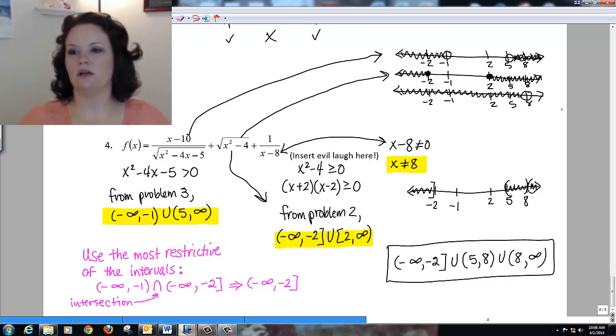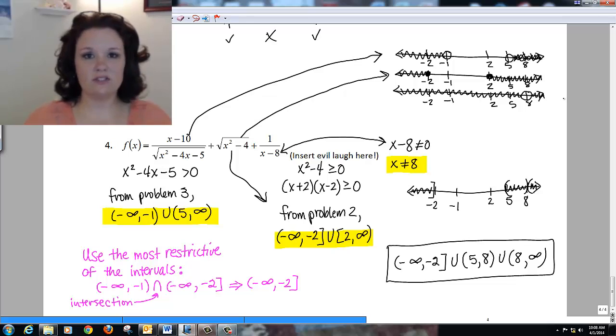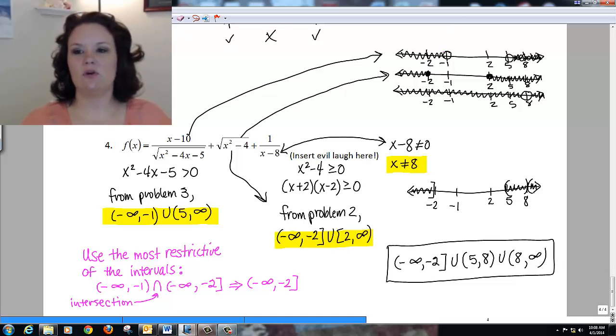Notice what we're really doing is we take the solutions for each of the 3 parts, and we're trying to figure out where they have common shading. All 3 graphs are shaded up to -2, so that's where I got this answer down here. They all have from negative infinity up to -2 in common, so I shade that on my solution.